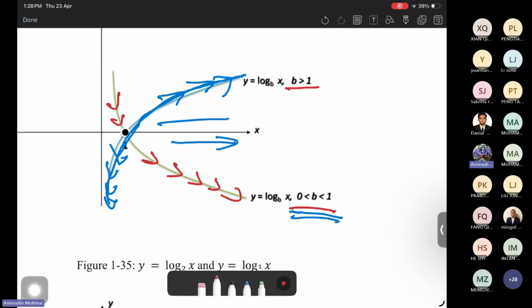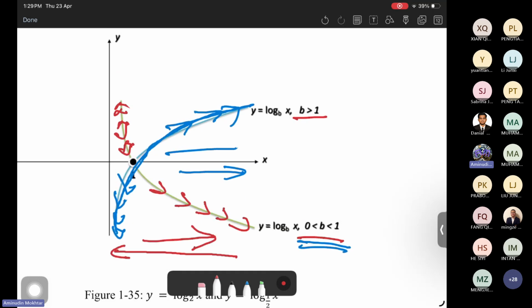This means that when the value of x increases, the value of y will decrease. Or when the value of x gets close to 0, what happens to y? The value of y will get close to positive infinity, close to the y-axis. That's the basic concept, the properties of the log when we draw the log.